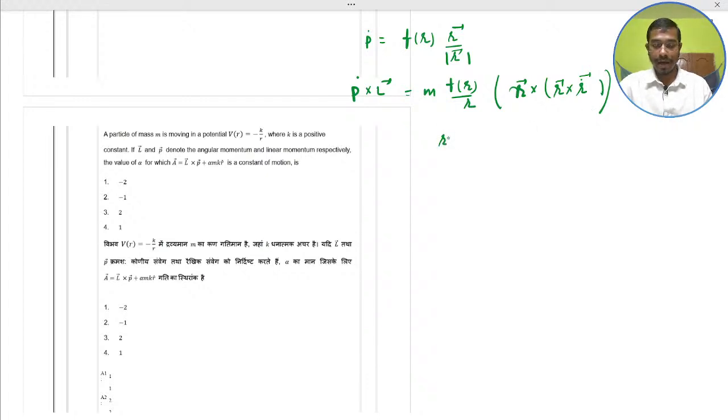So r dot r would be what? Half d/dt of r dot r, okay, this is 2 r dot.